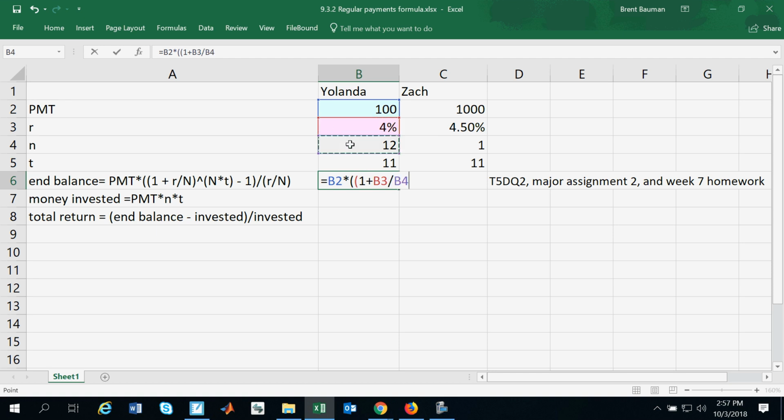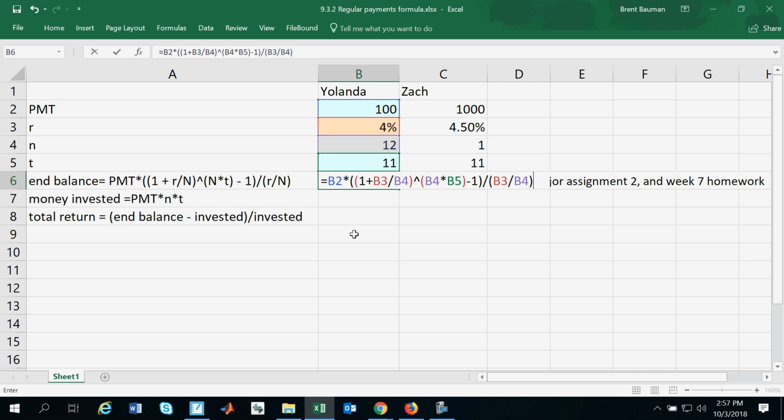the n, which is 12, close the parentheses, raise parentheses n times t, close parentheses, minus 1, close parentheses, divided by, open parentheses, r divided by n, close parentheses.